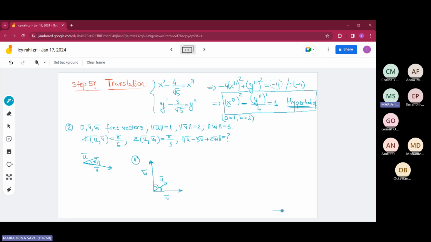So this is v, and this is minus 3v. And the vector u is this one.